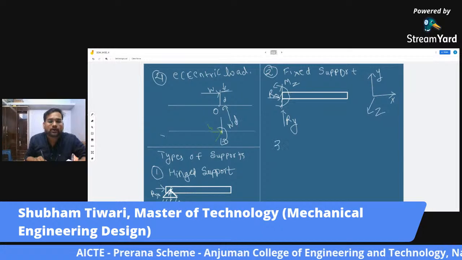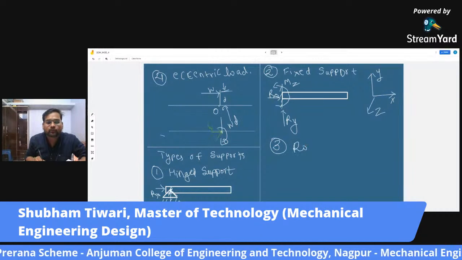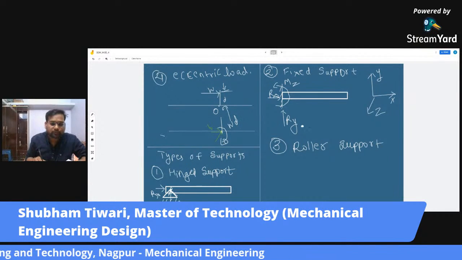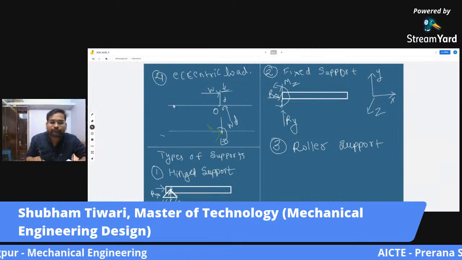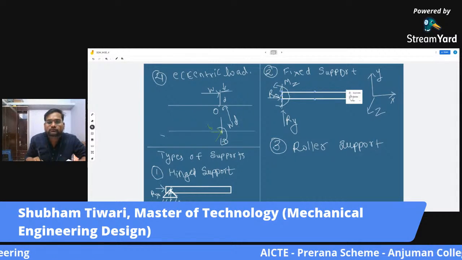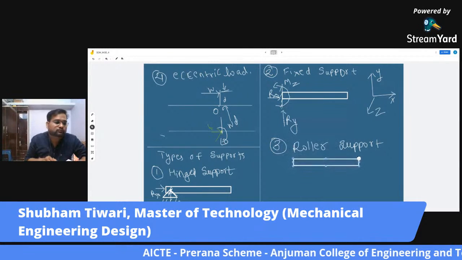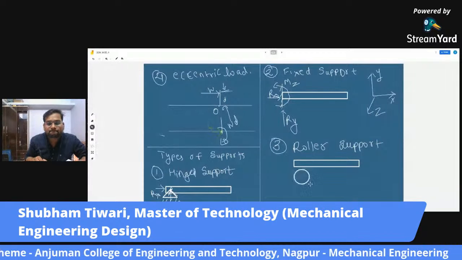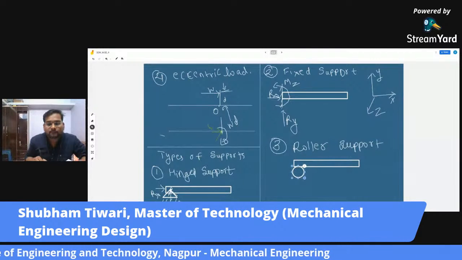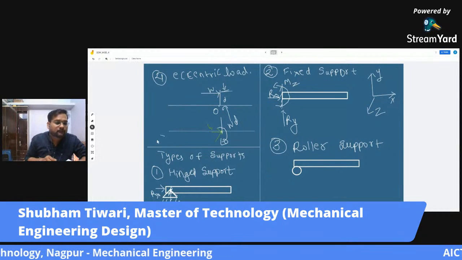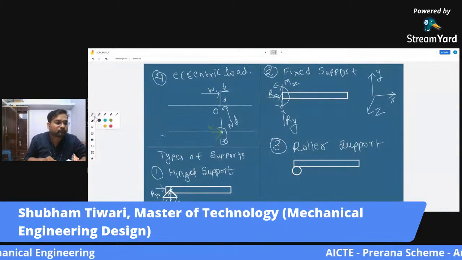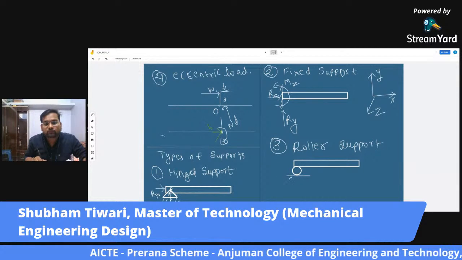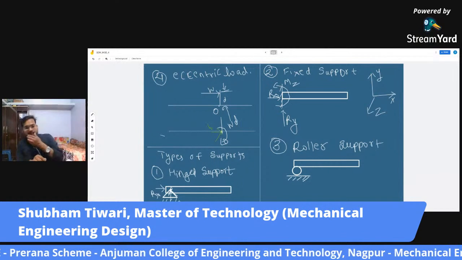Now the third one is roller support. So this is our roller.